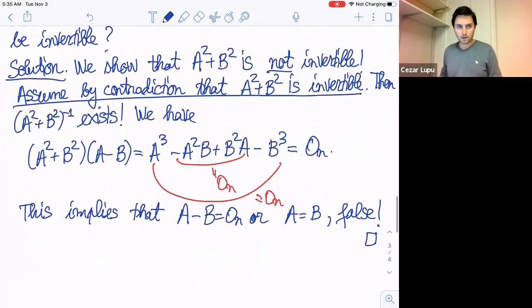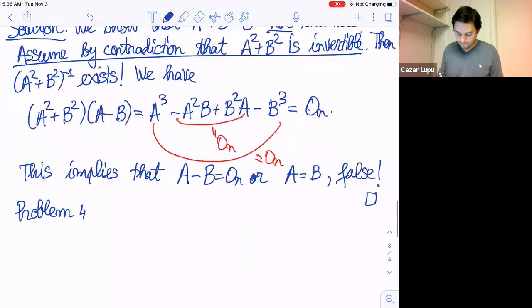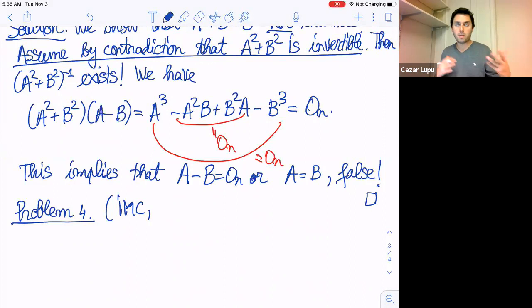Now I'm going to do another problem. What's the number of problem 4? This one was a very recent one, given at this worldwide Putnam-type competition, similar to Putnam.